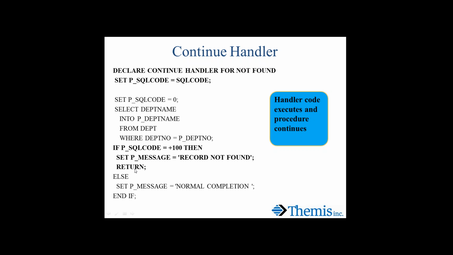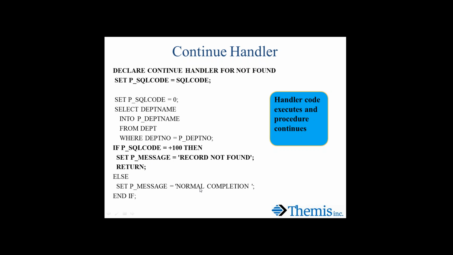And then in there we can return to the caller using the RETURN SQL statement. So it would be equivalent to an exit handler for not found, move the record not found message and exit. So we can control through our inline code the action and the messages we want to return to the user.